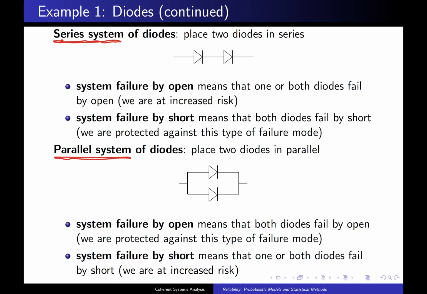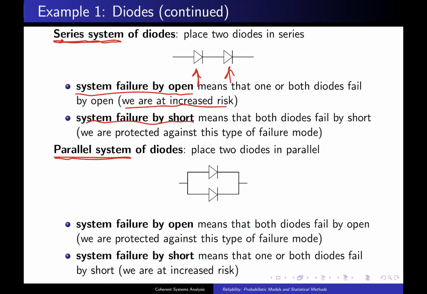So when you place them in series, what does it mean for the system to now fail by open? Well, it means that either this diode or that diode fails by open, and we're at increased risk of that happening. What happens for system failure by short? That means you have to have both diodes fail by short.